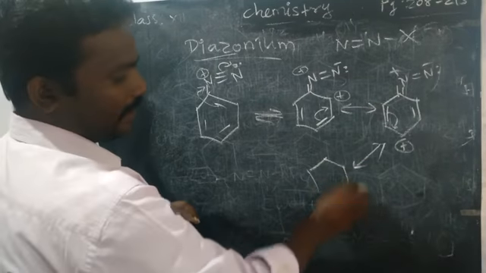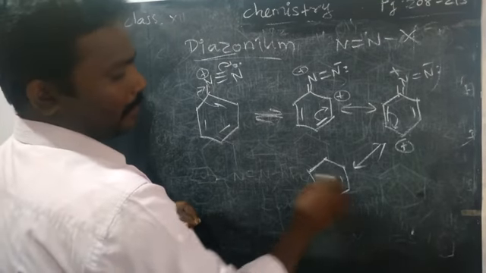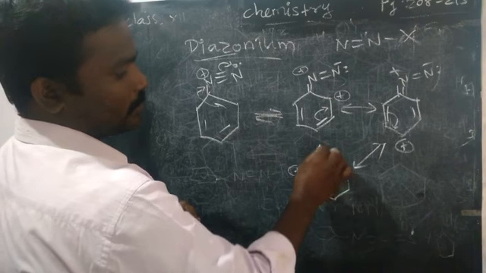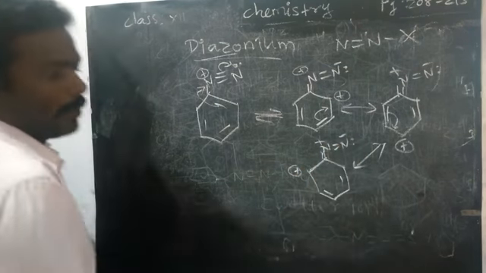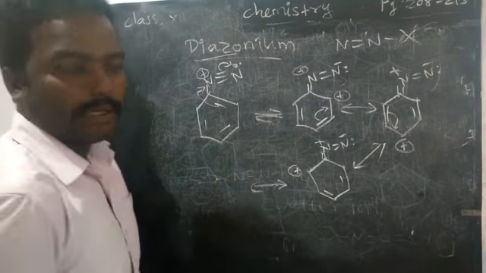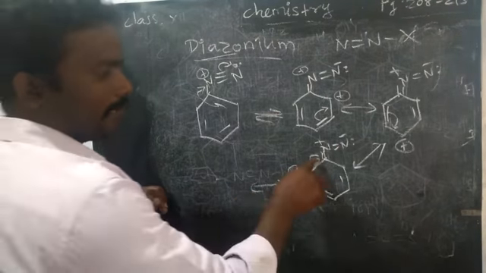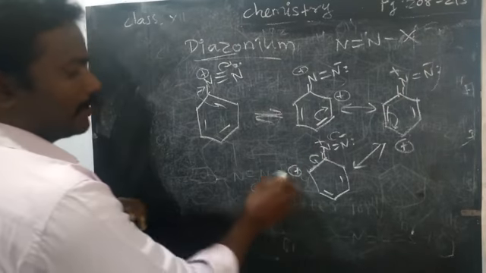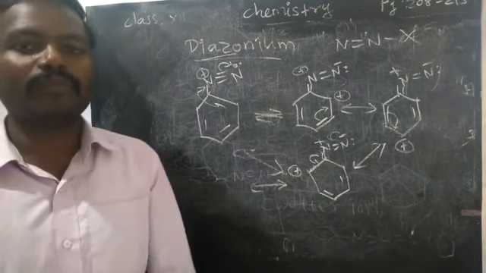So here we will get another para position positive charge. As usual, N plus double bond N minus with 2 electrons. Again, that positive charge can be neutralized by shifting this double bond. Then as usual, this bond will come back. You will get the previous one, the initial compound.